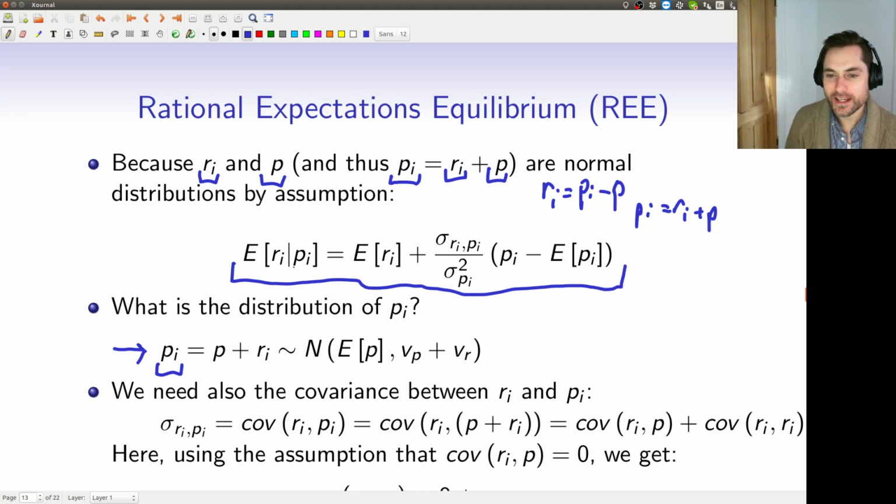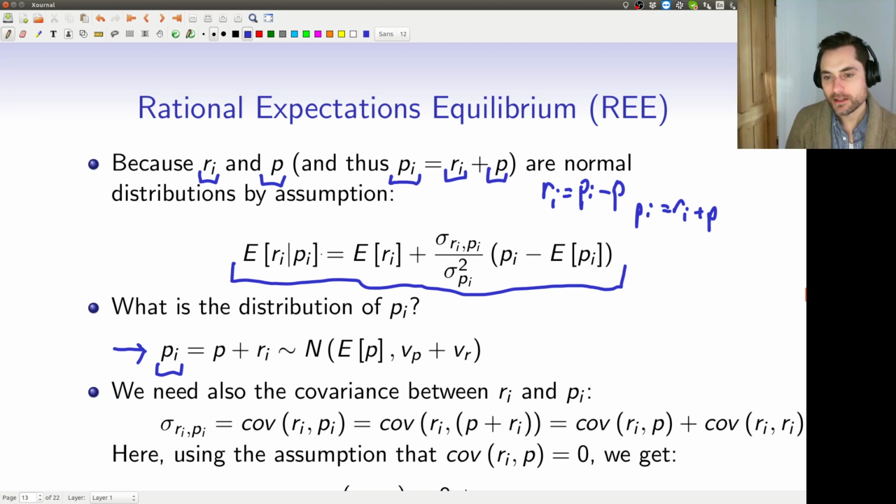So suppose that I tell you what Pi is, which is the knowledge the firms are going to get. They're trying to figure out the best guess they can make about what Ri is, the relative price. And of course Ri and Pi are distributed jointly normal.